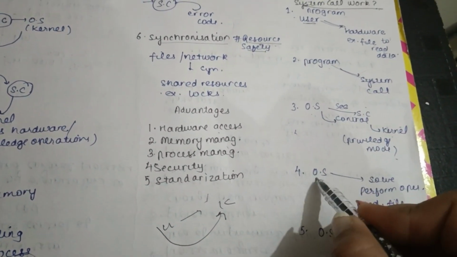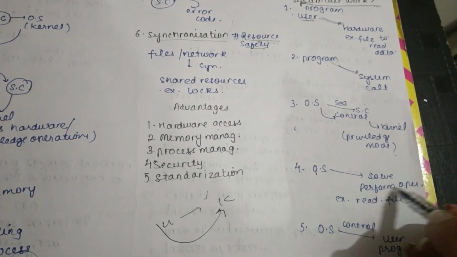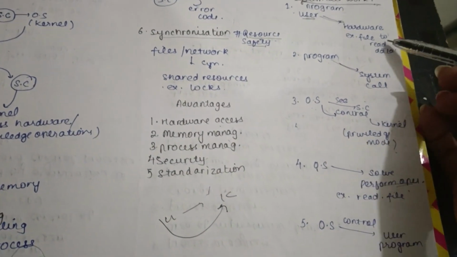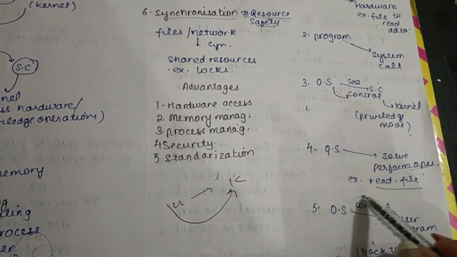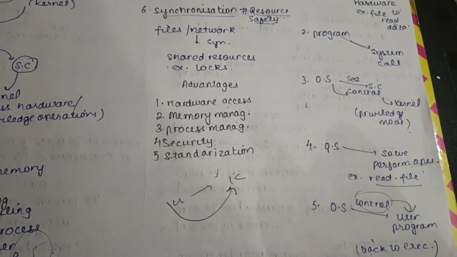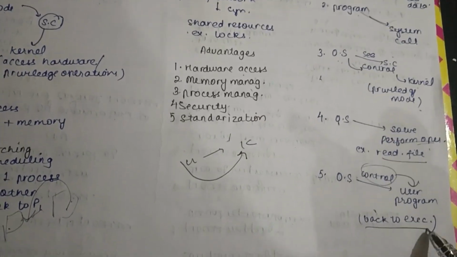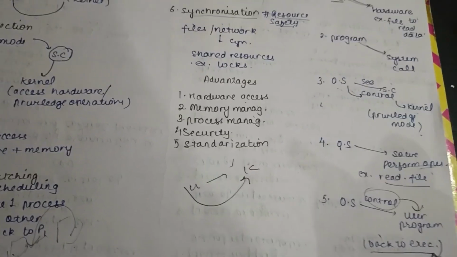Then the operating system is going to perform the operation. For example, we want the file read, so it would read the file, and then the operating system would give the control back to the user program, and the execution could be completed. So this was how the system call works.